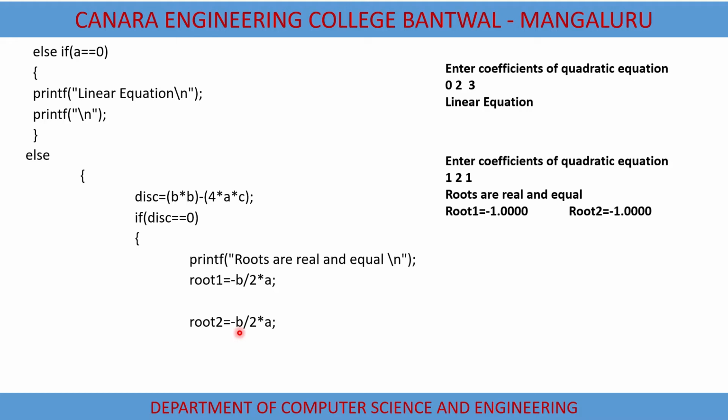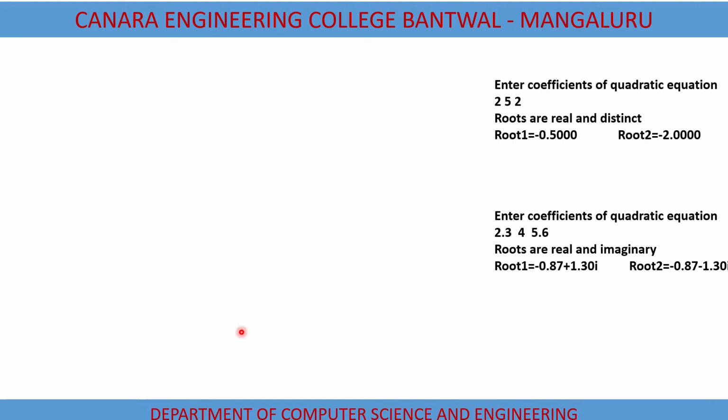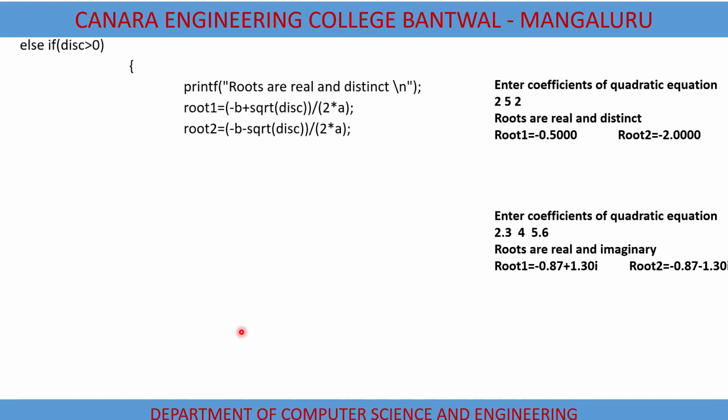Next we'll take one more example and we'll enter the coefficient values 2, 5 and 2. Again the same thing, it starts with the initial process. It checks for the first condition whether A is equal to 0 and B is equal to 0. No, this is wrong, the condition is false. It goes to the next condition, the else of it.